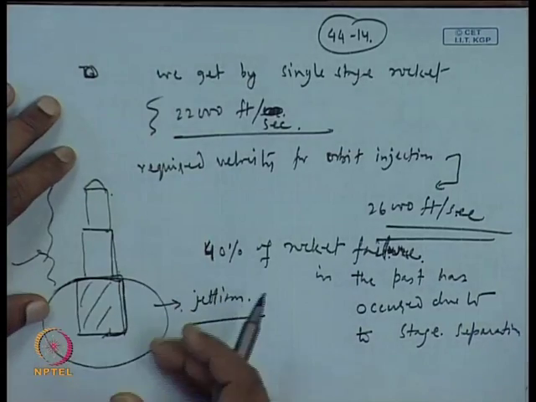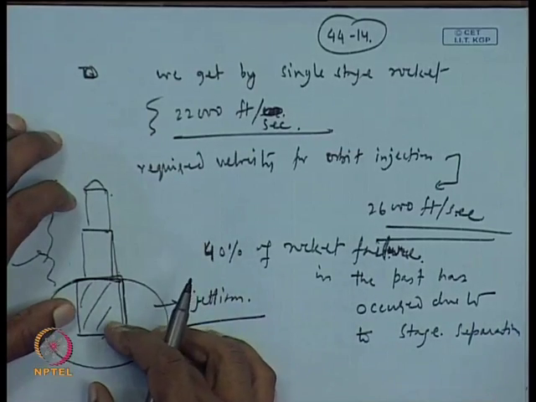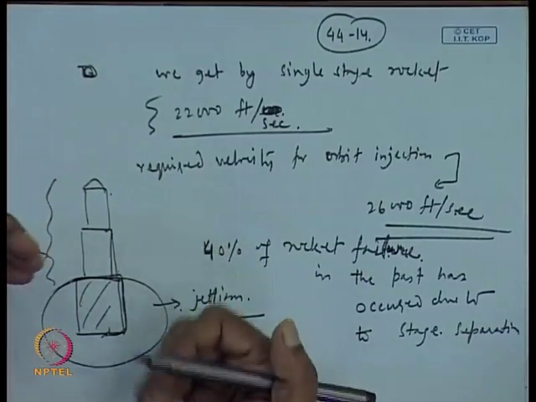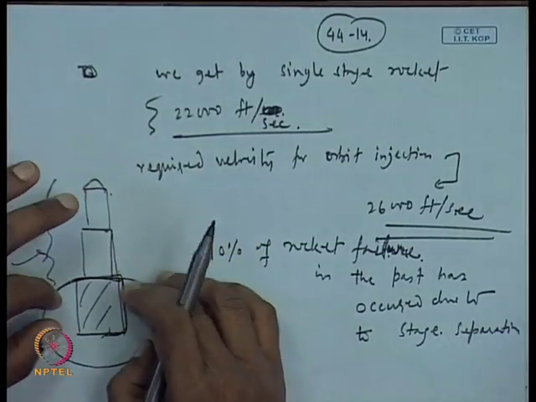So, we have to separate out, jettison this stage, and this involves a complex mechanism, and in that course the failure occurs.